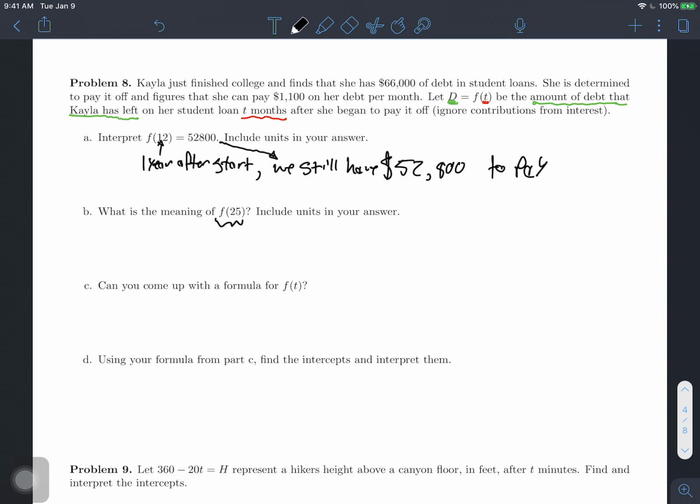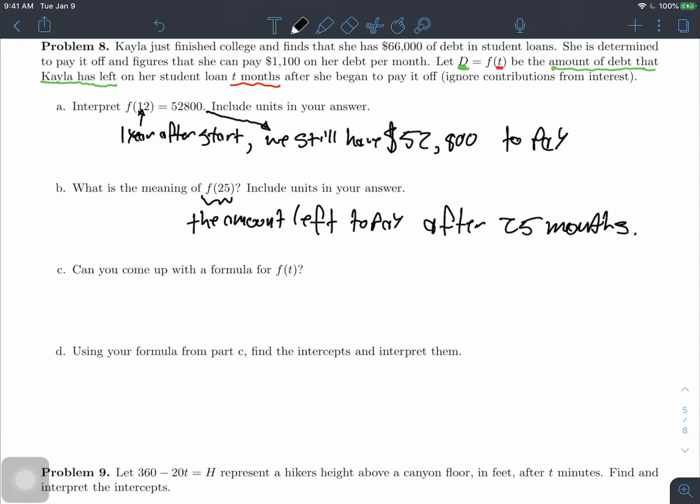So when I write f of 25, what I'm referring to is the amount left to pay after 25 months. Okay, that's just how we have set it up. Can we come up with a formula for f of t?